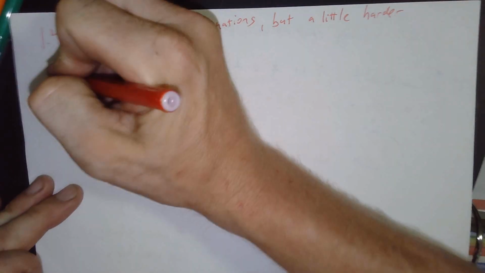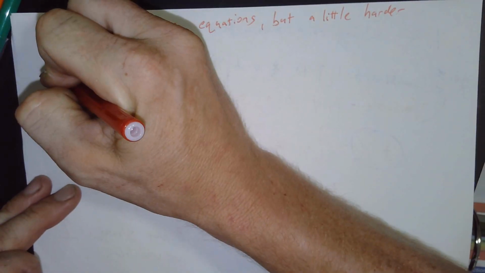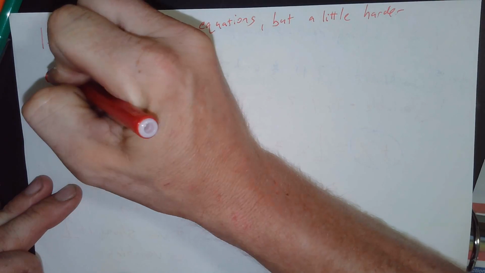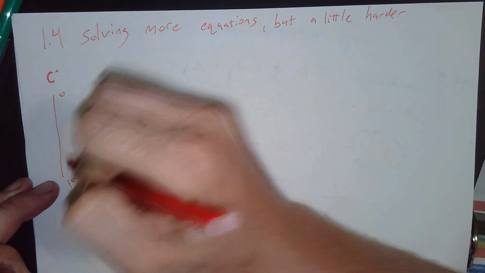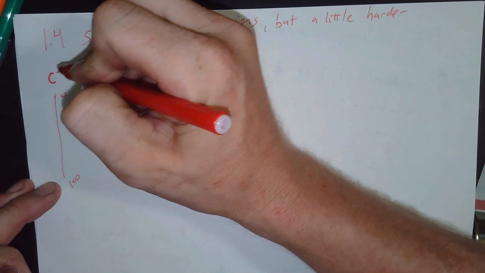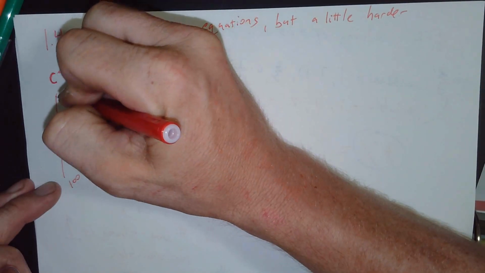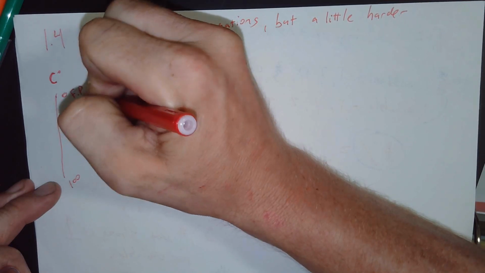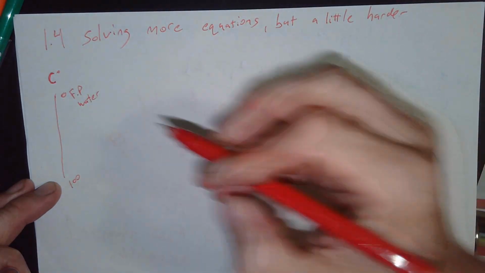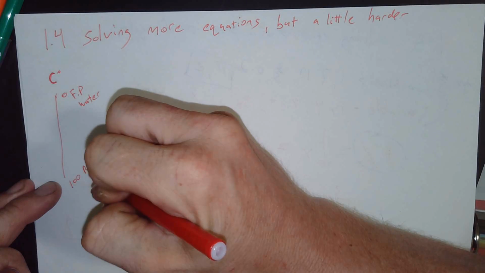So we'll do degrees Celsius, and we're going to go 0, 100. This is the freezing point of water, and this is the boiling point of water.